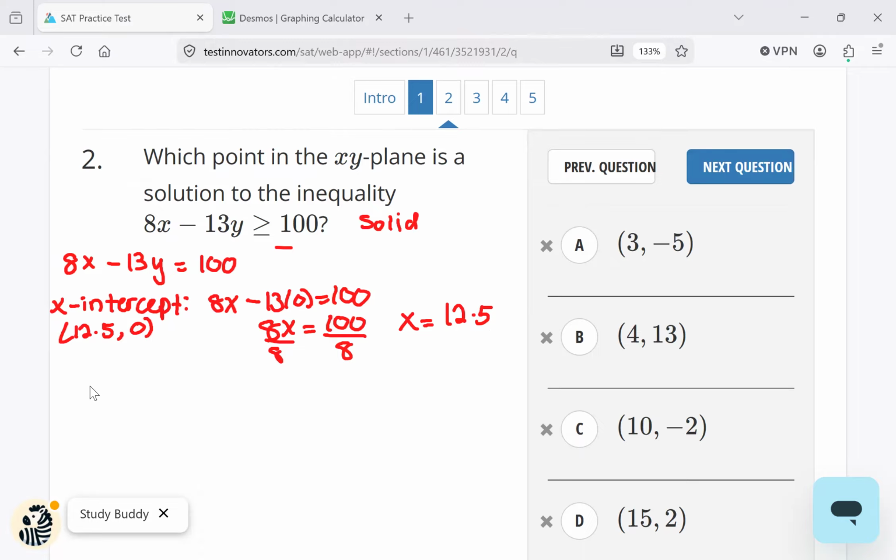Then for the y-intercept, you set x to 0 and solve for y.